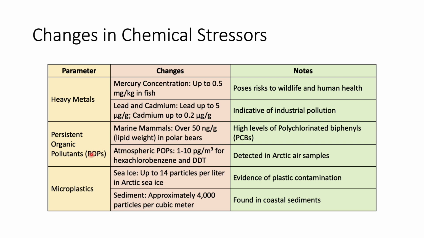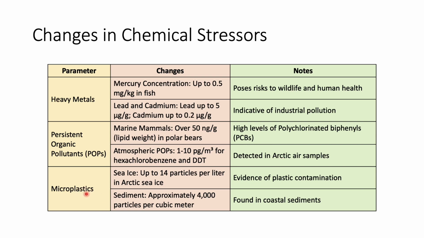And when we talk about POPs, that is persistent organic pollutants, marine mammals and atmospheric POPs are given in different values. A high level of POPs, that is polychlorinated biphenyl, is seen in the Arctic region, which is one of the chemical stressors. And the atmospheric POP is mainly hexachlorobenzene, which is detected in Arctic samples.